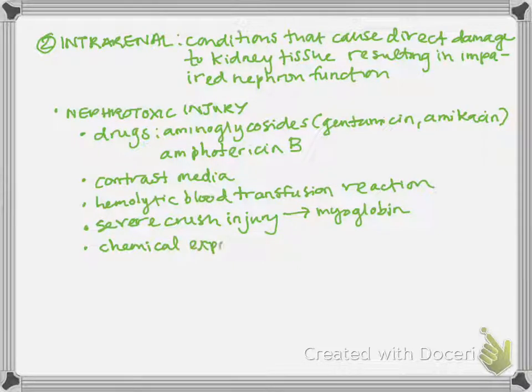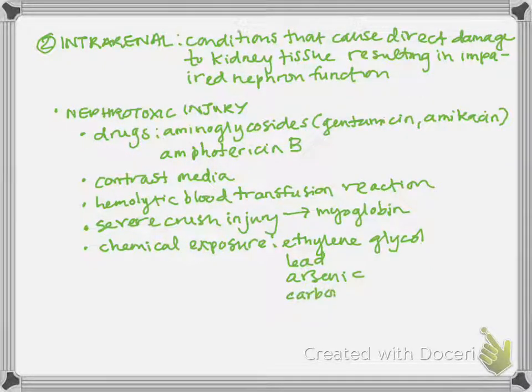So it could be something like ethylene glycol, which is used in antifreeze. It could be lead or arsenic, or something called carbon tetrachloride, which is used in dry cleaning. Any of those chemicals can also cause nephrotoxic injury.